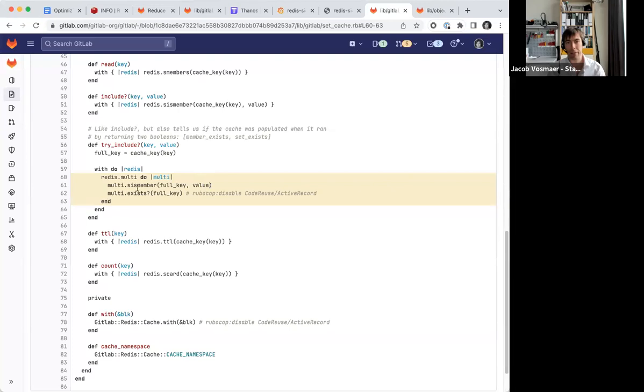And this is a valid way to solve that problem with a multi, but the problem is now you're using a multi every time. You can also solve this by saying, we're going to create a special element that cannot exist in this set. And every time we create the set, we insert this sentinel element. And if we want to do an existence check for a value, we use smismember, you can request multiple values.